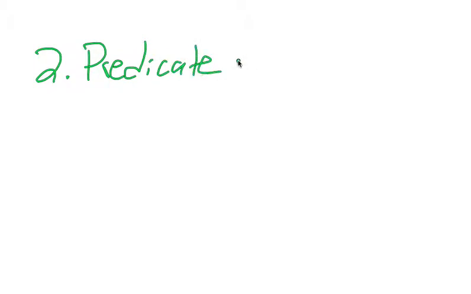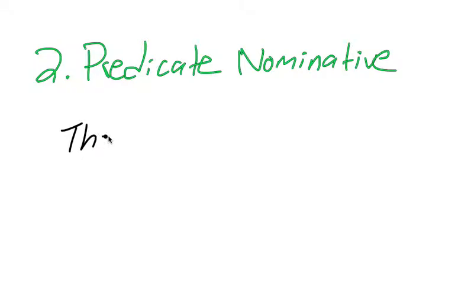The second thing the nominative case is used for is called a predicate nominative. And in English class, you probably learned this as a predicate noun. Okay, so predicate noun, predicate nominative, really the same thing. Okay, and in English, we would say something like, the girl is happy.